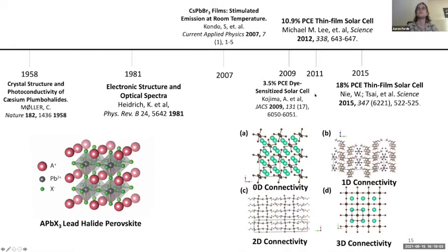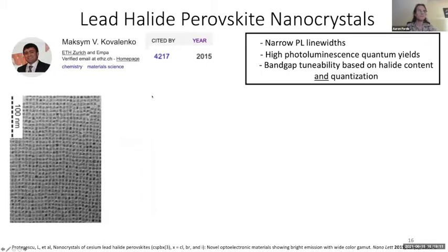But the specific lead-halide perovskite that I'll focus on in my research is perovskite nanocrystals, which were first published in 2015. You can see that they're very popular, with over 4,000 citations of this work within 6 years. So these themselves have introduced a lot of excitement into the community.